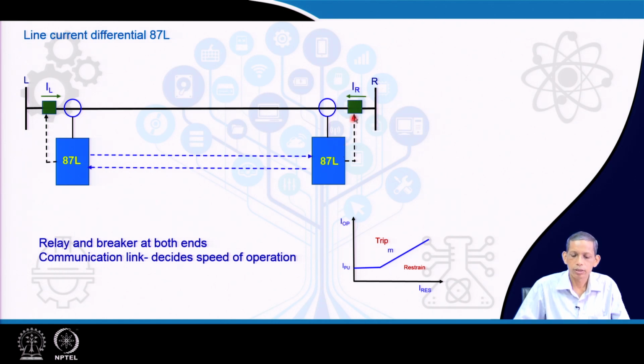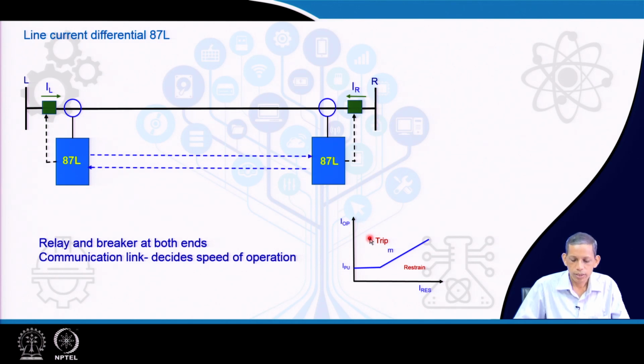In addition, because these breakers are remotely placed, we require a differential relay individually at these two locations also. As compared to a transformer, note that in a transformer we require essentially one relay, and if it is an interconnected system, breakers at both the ends, and if it is a radial system, a breaker at one end only. In this case, because they are far apart, we require another relay for this breaker also.